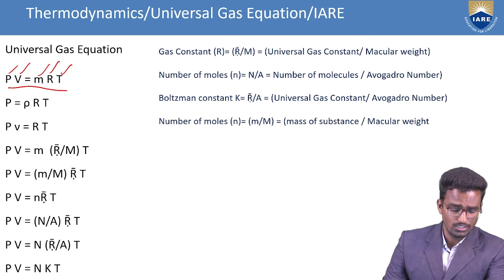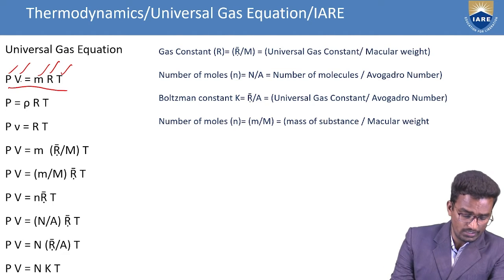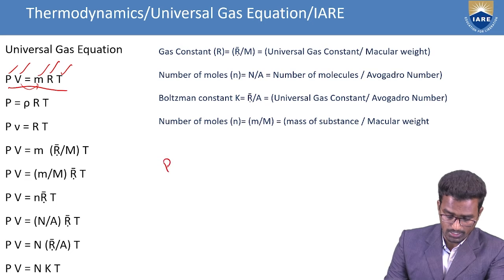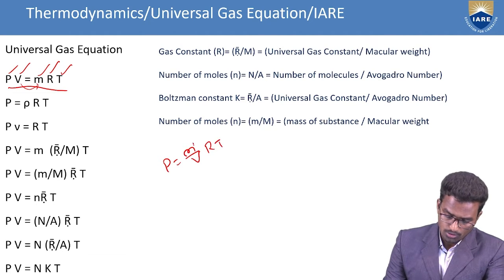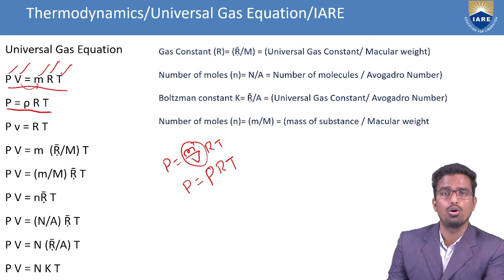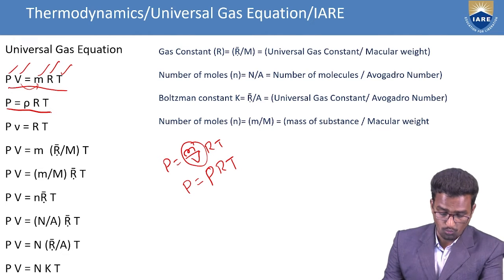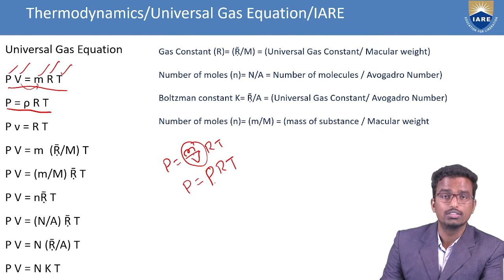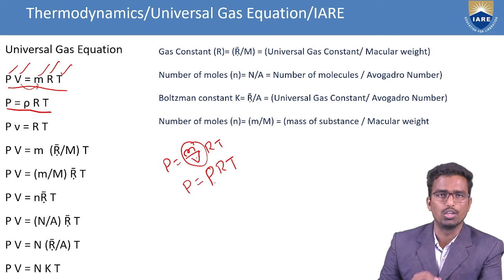If you want to convert this, you bring V to the other side. That means P = (m/V) RT. So m by V we call density. That means P = ρRT, where ρ is the density, which is mass by volume.